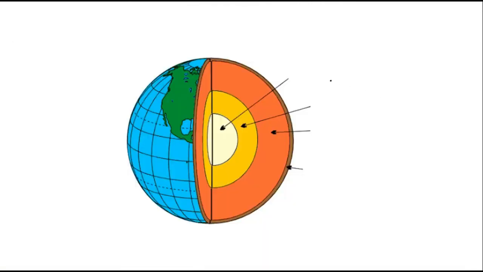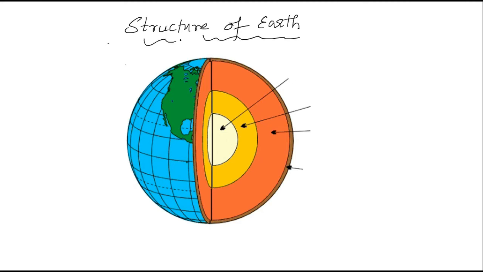To understand how an earthquake occurs, we need to recall what we have learnt in class 6th as well as class 7th, that is, the structure of earth. We have already studied this in previous classes, so we shall just recall these contents.